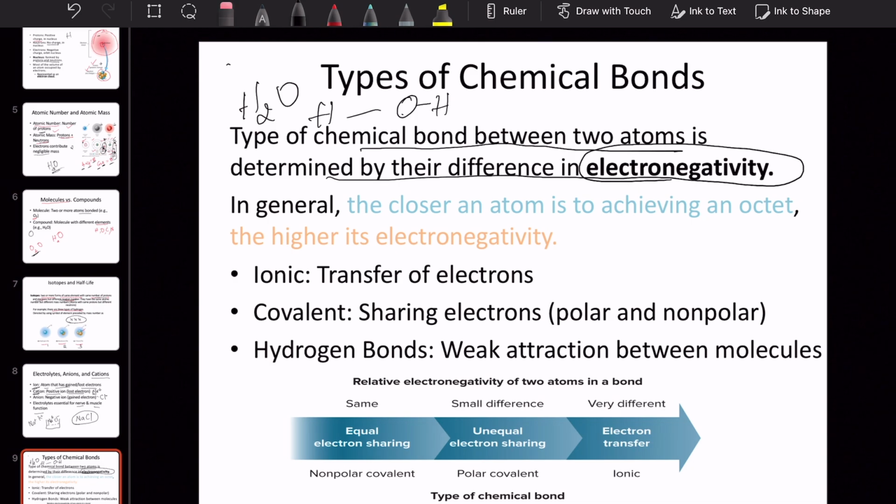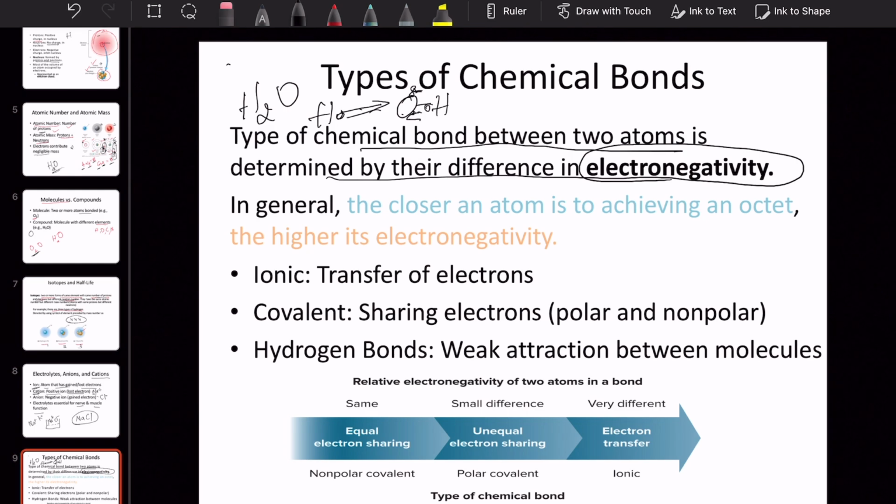I mentioned that oxygen has more electronegativity compared to hydrogen. So the electron from here is attracted to oxygen, so like I mentioned, this has a more negative charge. The electron is pulled towards oxygen, it's closer to oxygen, because oxygen is more electronegative than hydrogen.